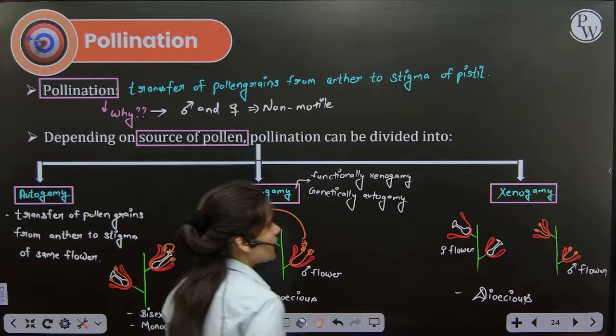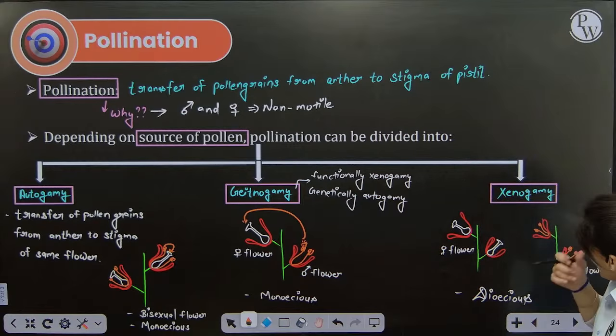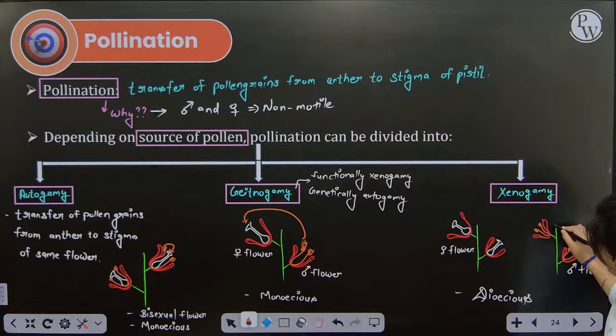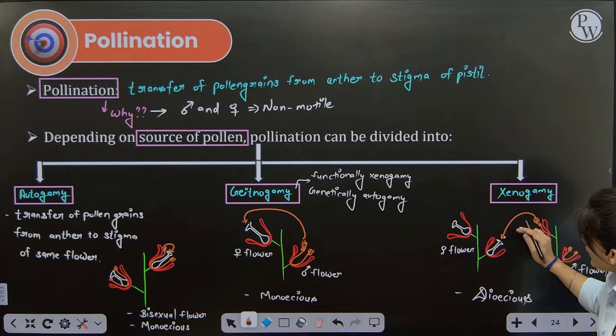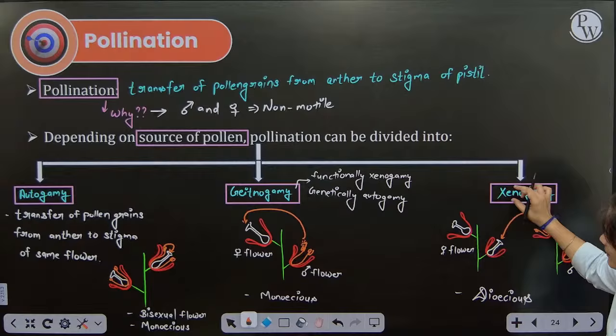Third one, xenogamy. What happens in xenogamy? Transfer of pollen grains from anther of one flower to stigma of another plant. That process is known as xenogamy.